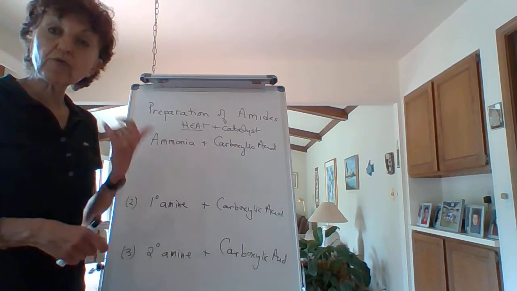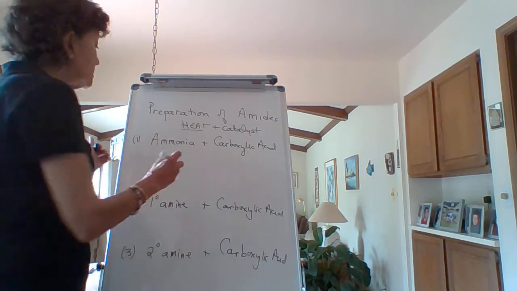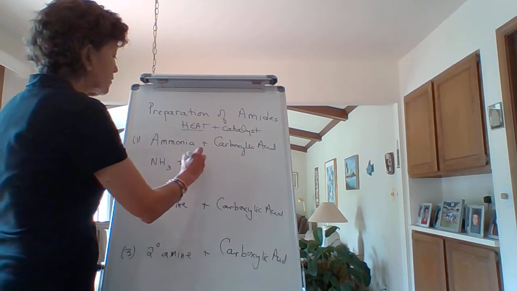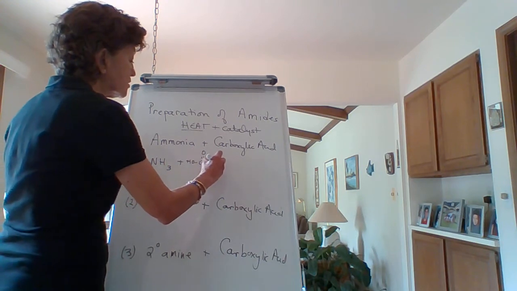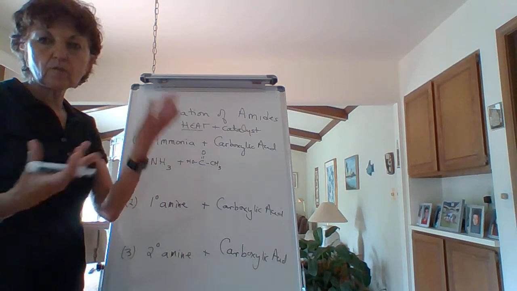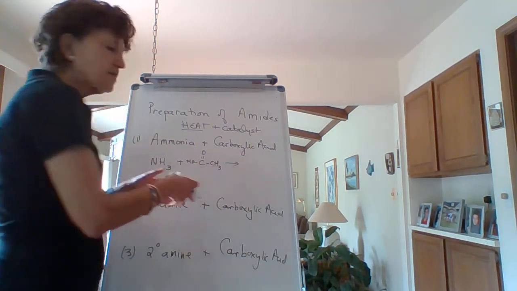If you want to make a primary amide, you have to start off with ammonia and a carboxylic acid. So let's say you have ammonia here, and you have a carboxylic acid, any carboxylic acid. Let's just go ahead and do ethanoic acid, or we could call it acetic acid, either way. So think of it as a dehydration.